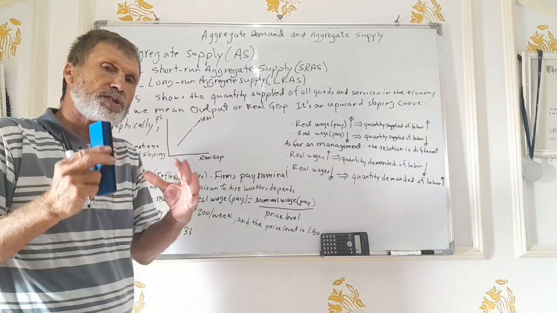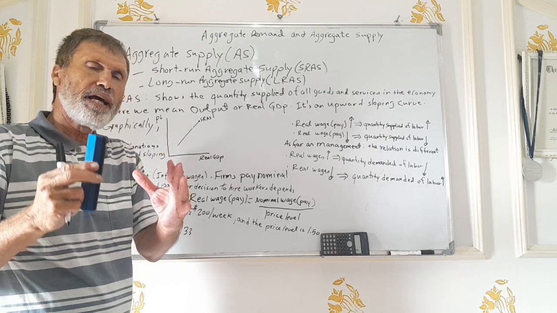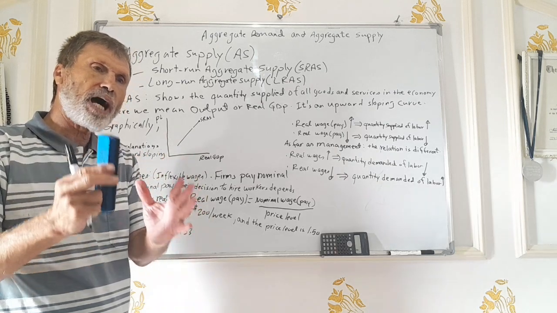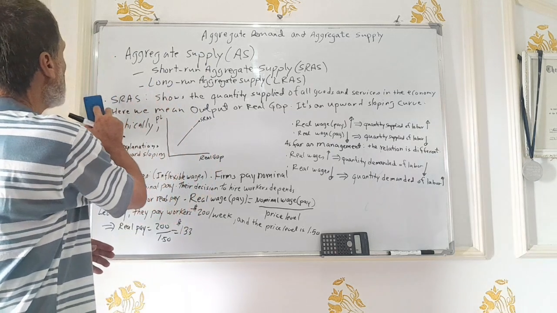Now we want to see how sticky wages provide an explanation of the upward sloping short-run aggregate supply. Let me erase over here.